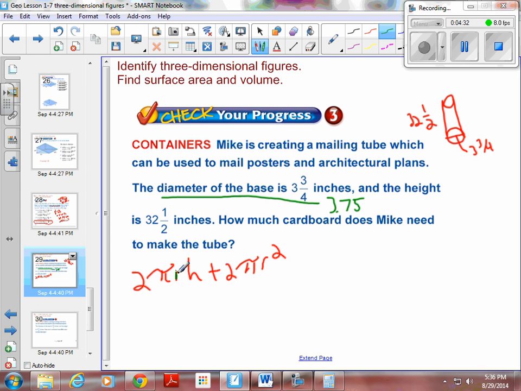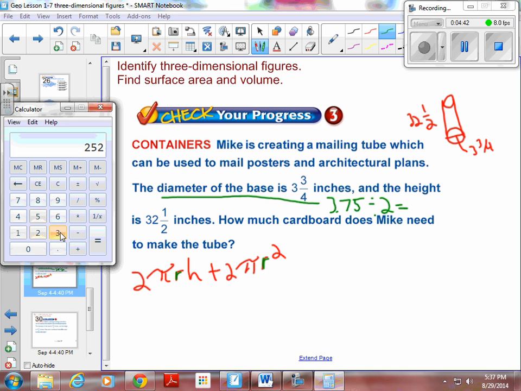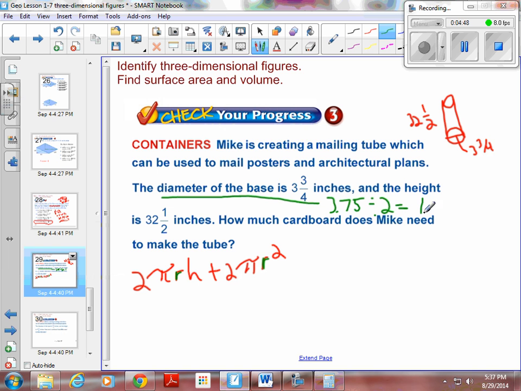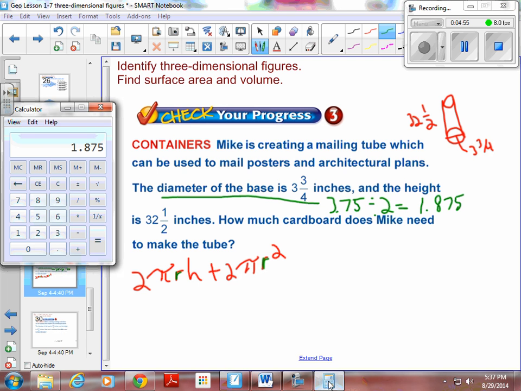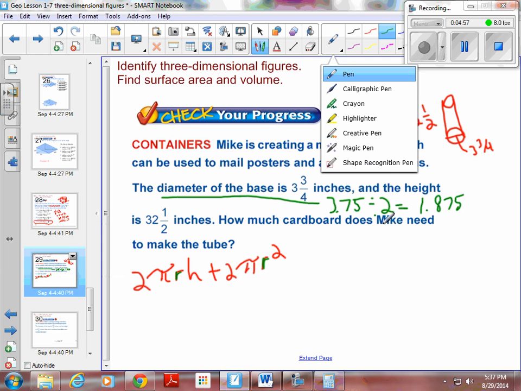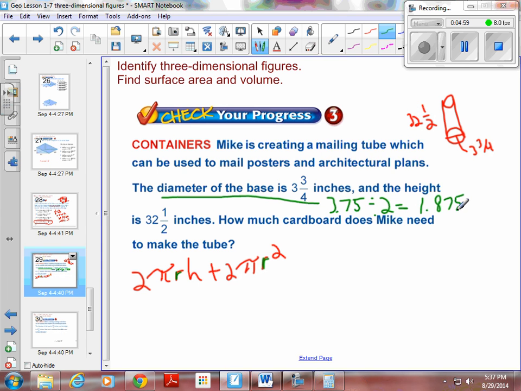This is a radius here, and this is a radius right here. So we need to take half of that. So we want half of 3.75, so 3.75 divided by 2, and you get 1.875.